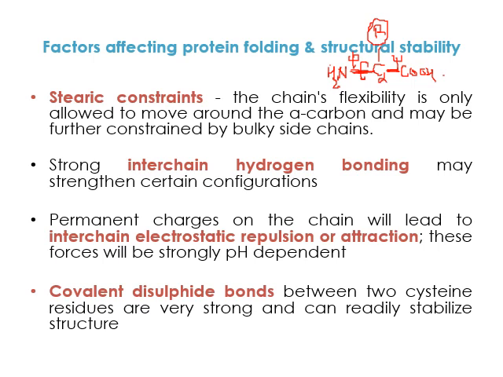Another thing that's going to affect the protein folding and structural stability is the strong interchain hydrogen bond that can strengthen certain configuration. Any permanent charge on the chain can also lead to interchain electrostatic repulsion and attraction. But then these forces will be strongly pH dependent. And lastly, what really strengthens or further stabilizes structure of protein will be the covalent disulfide bond.